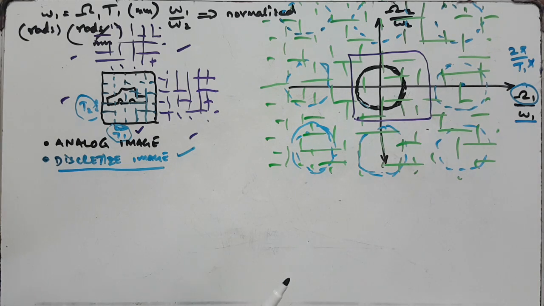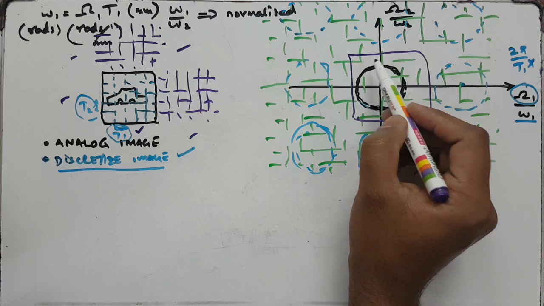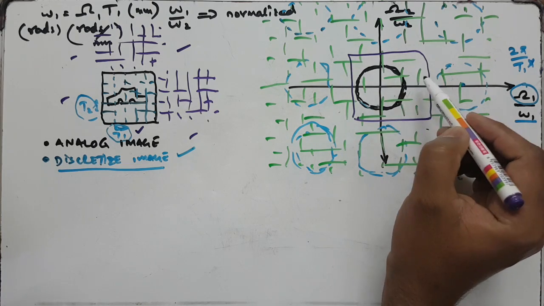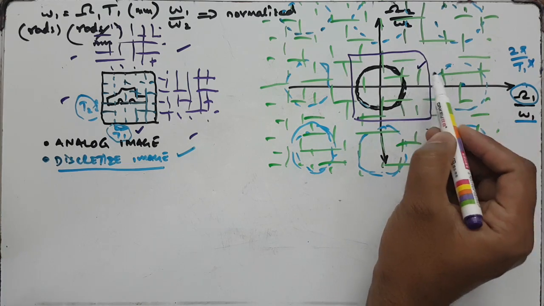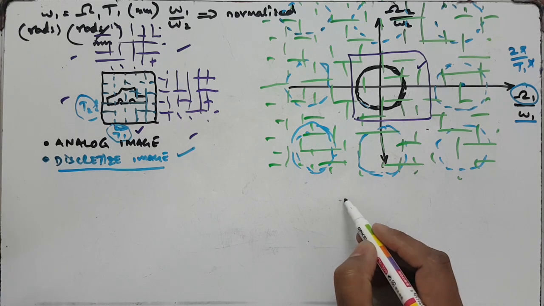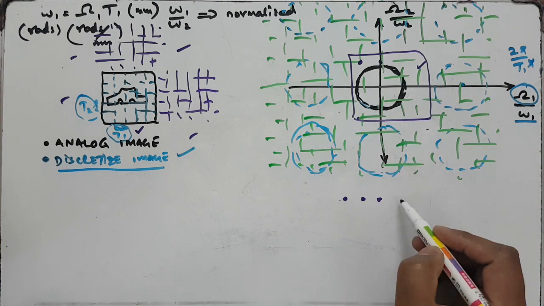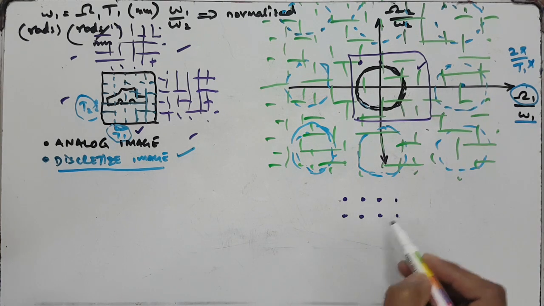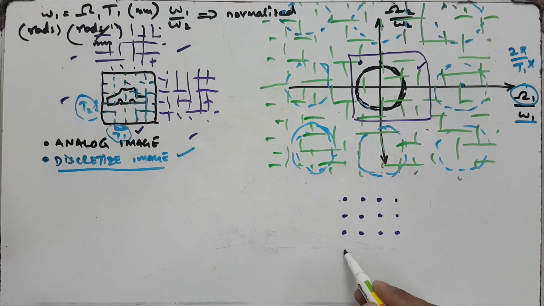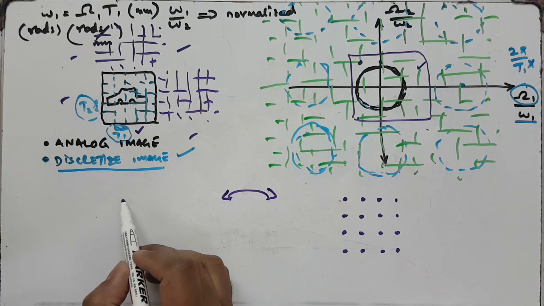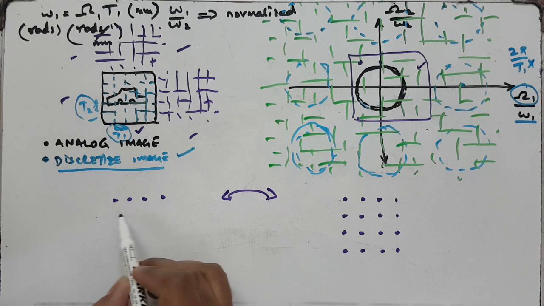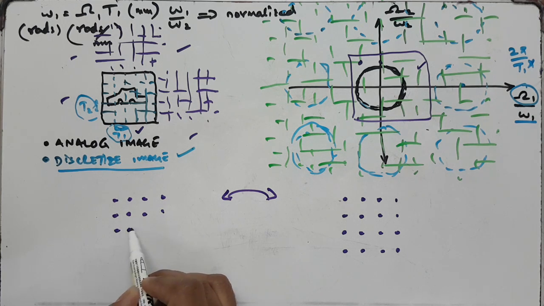And if we take one period in the frequency domain, let's say this. So I'm now talking about the green part. So they are somewhat similar in shape. So the samples are going to look like this. So all these intersections, they are samples, right? So one period in the frequency domain is going to correspond to one period in the spatial domain.